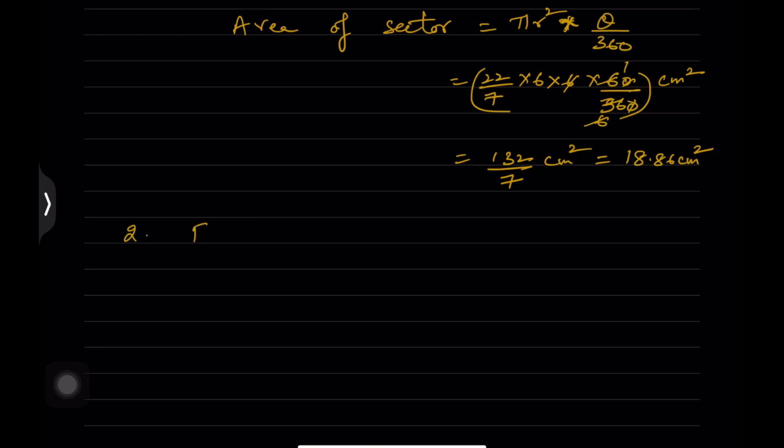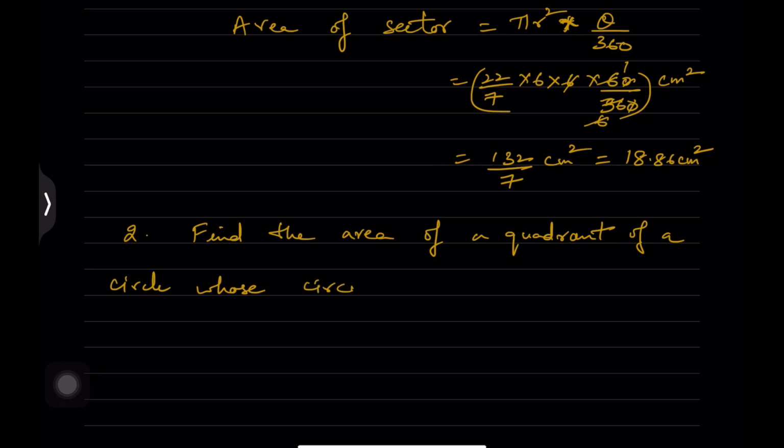Now what's the second question? We'll see. Find the area of a quadrant of a circle whose circumference is 22 centimeters.